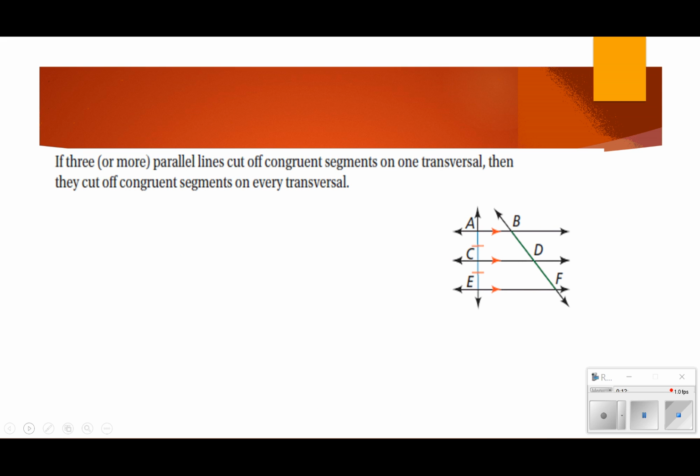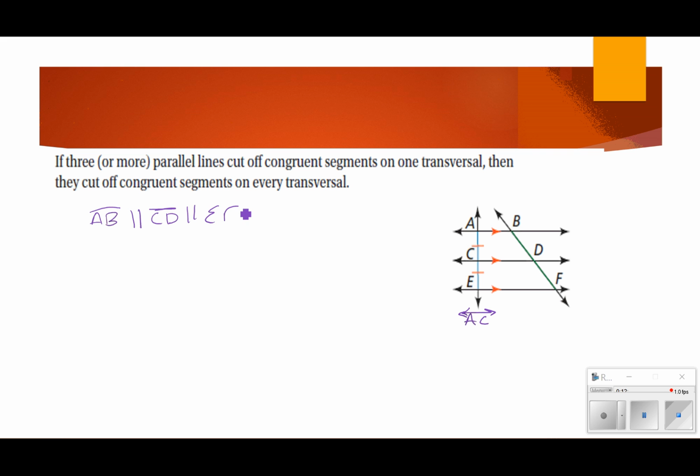Okay, one more theorem says that if 3 or more parallel lines cut off congruent segments on one transversal, then they cut off congruent segments on every transversal. So I've got this transversal, which is AC, is my transversal. Okay, I've got parallel lines AB parallel to CD, which in turn is parallel to EF.